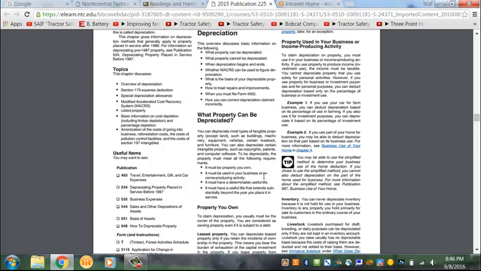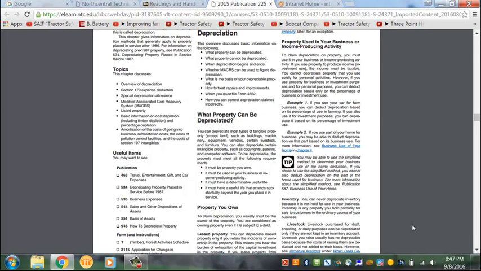It has to be used in business or in an income producing activity, so it can't just be an inactive asset that is sitting around. It has to have a determinable useful life, and that useful life has to be substantially extended beyond the year that it is placed in service.